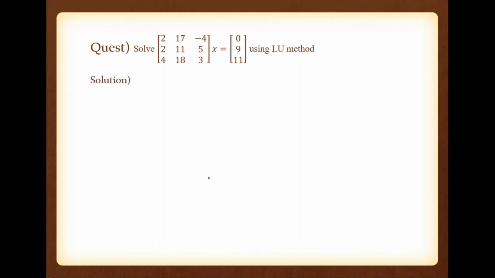So in LU method, first what you are finding, first row of U, what is L? L is equal to 1, 0, 0, then L21, 1, 0, then L31, L32, 1.